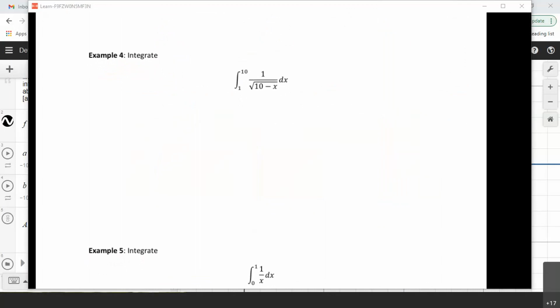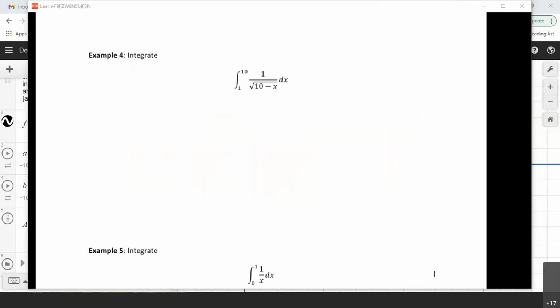Now you might look at this, and again, you should pay attention when you have a definite integral and check to see: is this function defined for all of the x's in the interval?